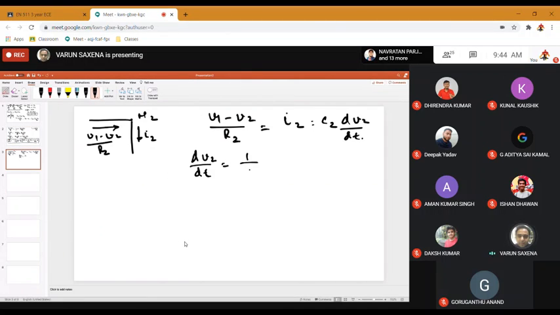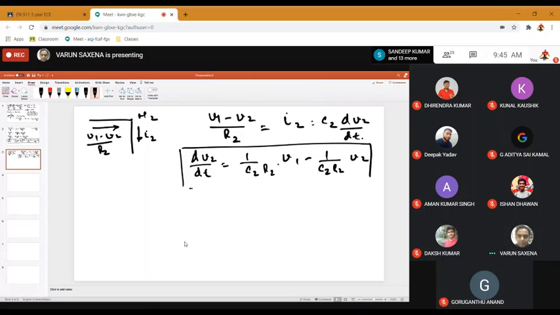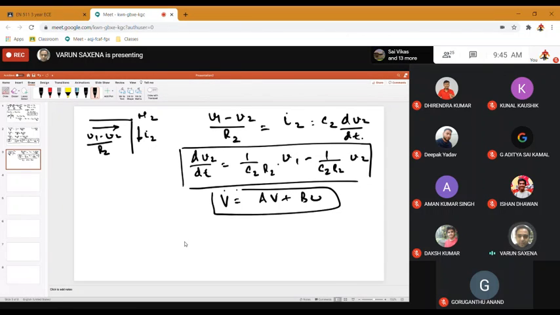So this becomes 1 upon C2 R2 times V1 minus 1 upon C2 R2 times V2. So I get the second equation, and once I have them, I can simply write them in the form V dot is equal to AV plus BU. You can just combine them and you will get the expression for A, and you will get the expression for B.